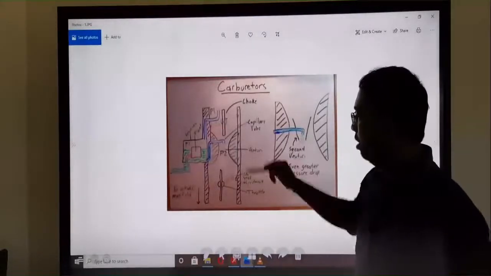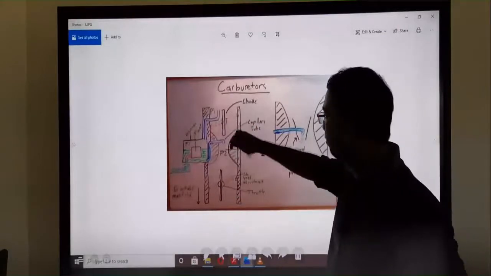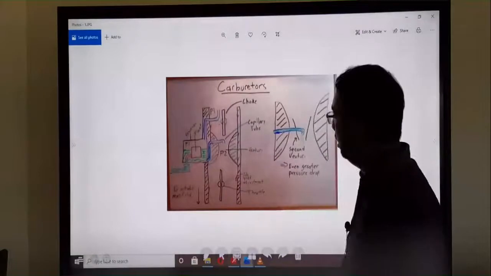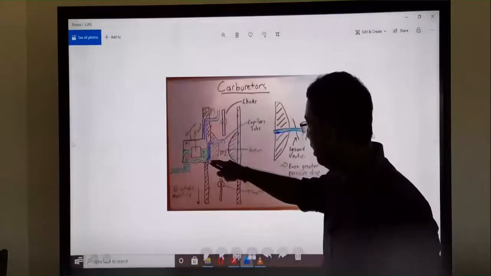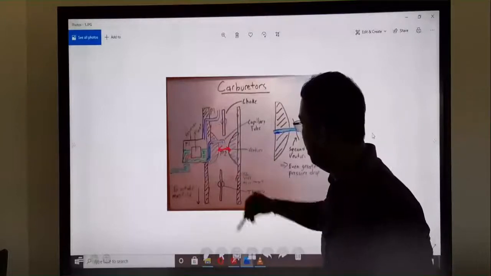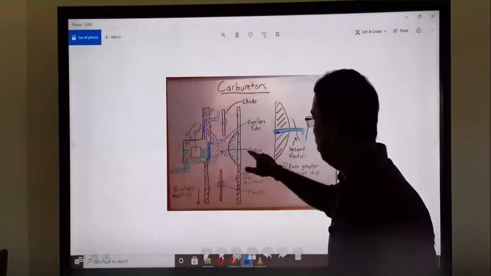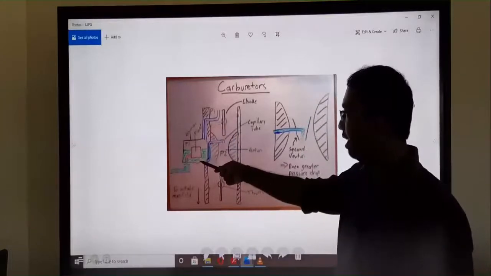This is the choke and this is the throttle valve, and here the cross section is reduced by using the venturi. This part is called the venturi, and this is the reserve tank.